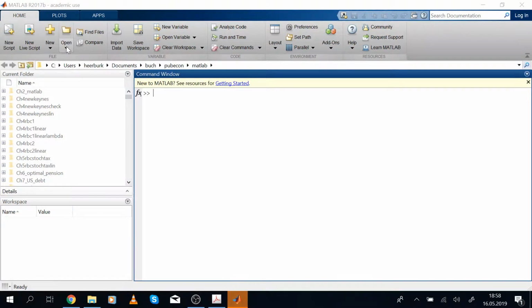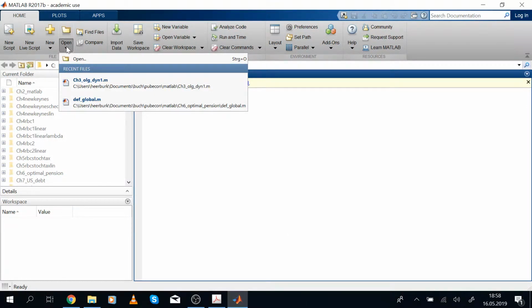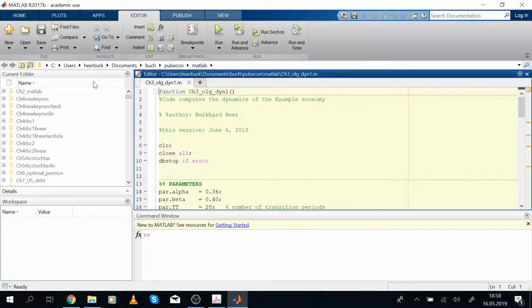For this, go to the Open menu point, open the program, and your screen should look something like this. Function Chapter 3 OLG dyn1, which is a starting function which is called if you invoke the Matlab command run.